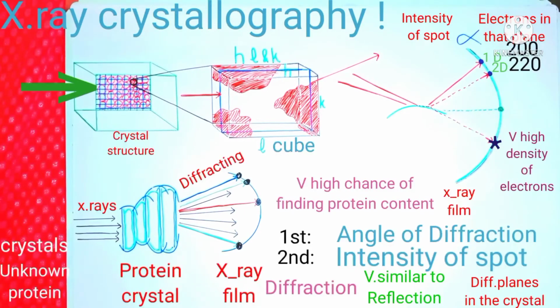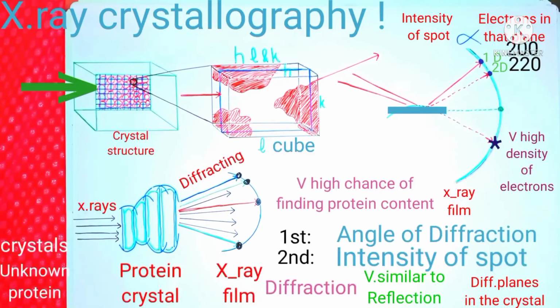So if we go back and look at that plane, most of the protein components must be present in it. Whereas if the intensity is very faint, very low, it means there is low electron density, and a lower chance of finding a fragment of a protein in that plane.